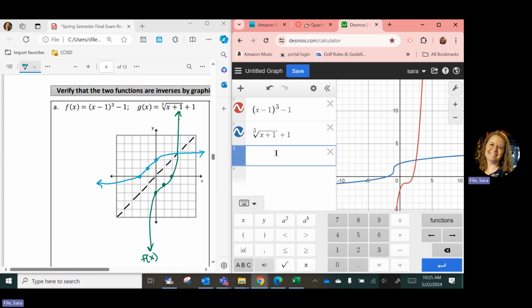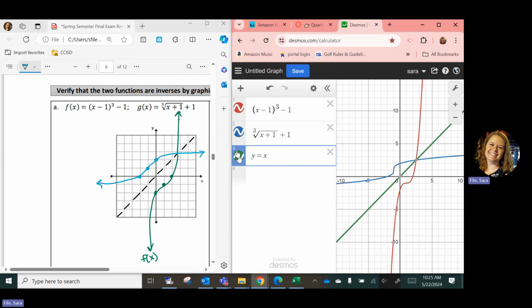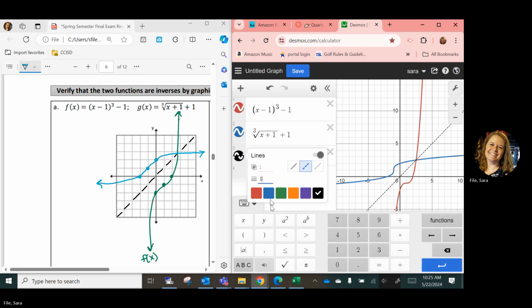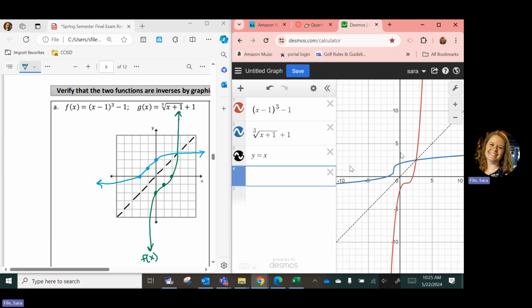Now again, if you want to put the line y equals x there as a visual, you can, and you can make it dashed in whatever color you want, or dotted, okay? Can make it a little thinner. It's just barely there. Okay, so these are a reflection of each other across that line. So yes, if they reflect across that line, that confirms they are indeed inverses.